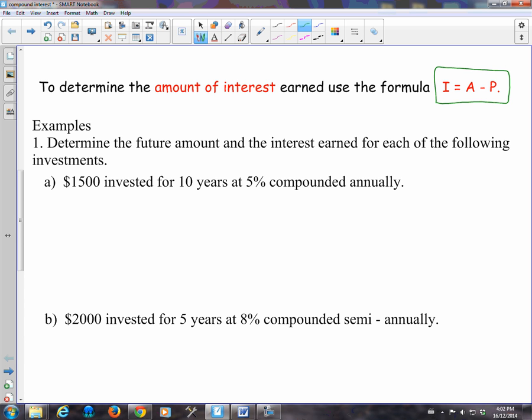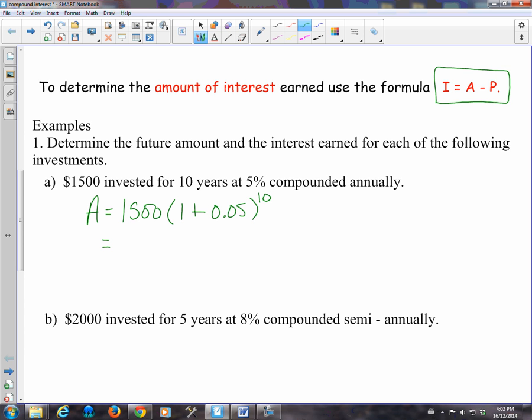So if I look at my first example, determine the future amount and the interest earned for each of the following investments. The amount is the principal, $1,500, times 1 plus my interest rate compounded annually, so there's no adjustment when it's compounded annually, to the exponent 10.